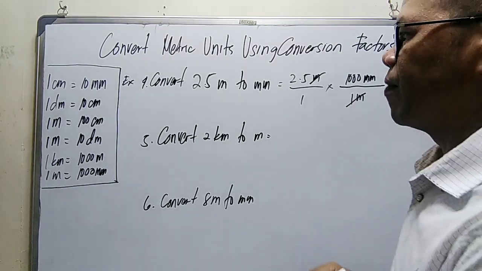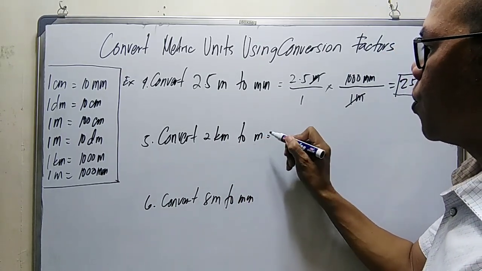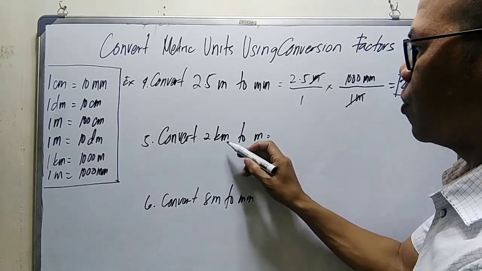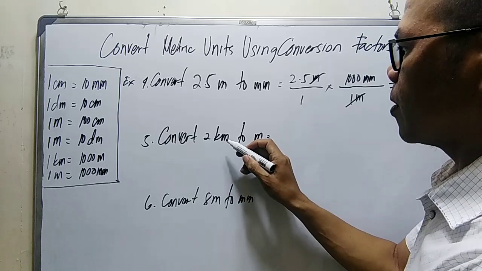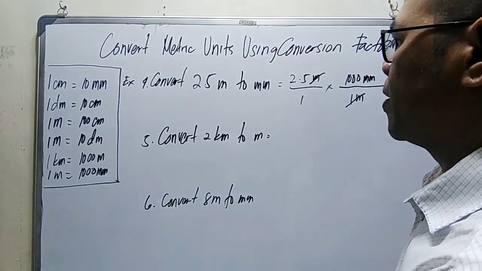Okay, let's proceed to number 5. Convert 2 kilometers to meters. Okay, so again, yung 1 kilometer is equal to 1,000 meters.